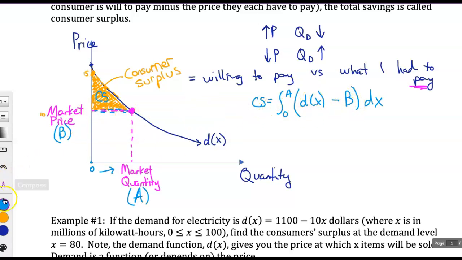So upper minus lower. Okay, so let's do an actual example.